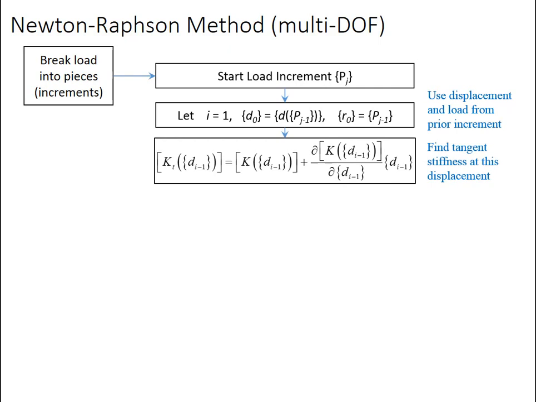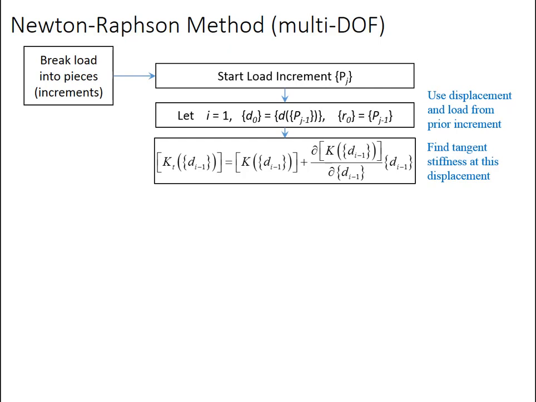Then we calculate a tangent stiffness by evaluating our secant stiffness at iteration 0 and then taking a partial derivative of our secant stiffness with respect to all of our degrees of freedom.